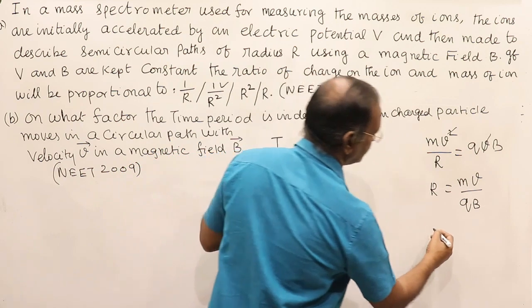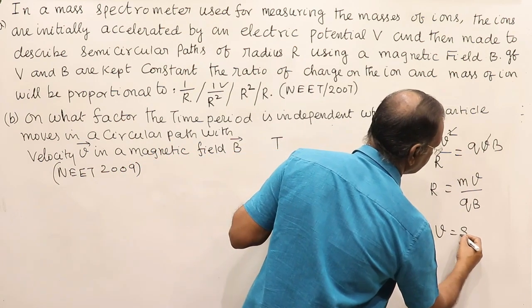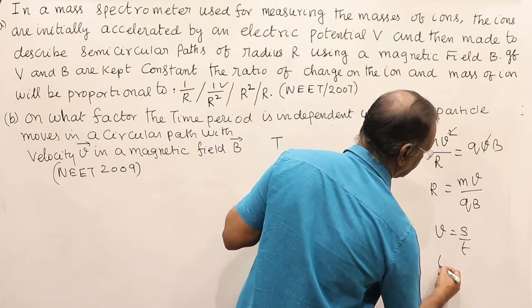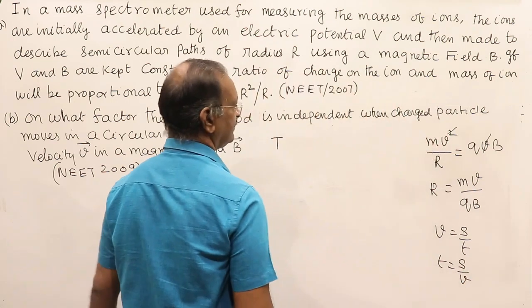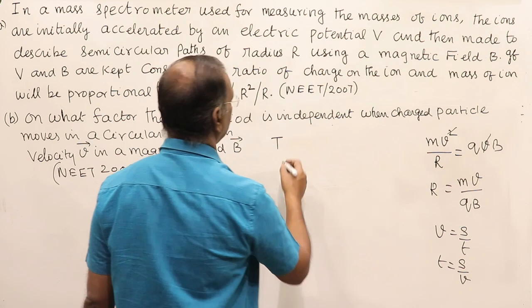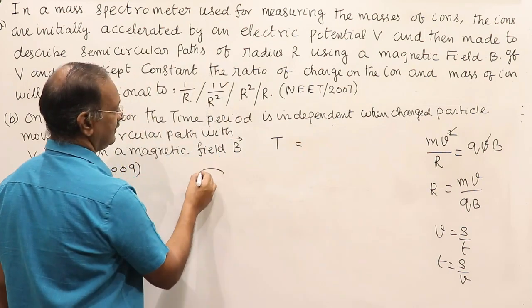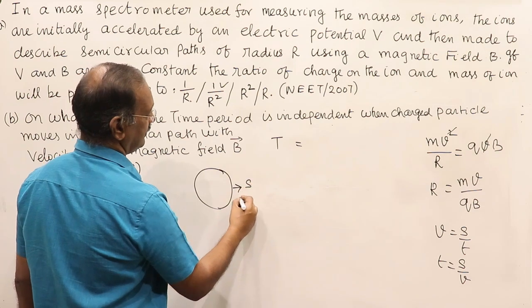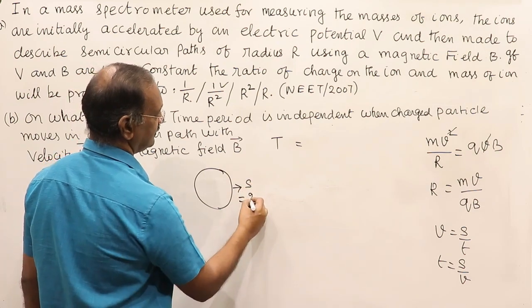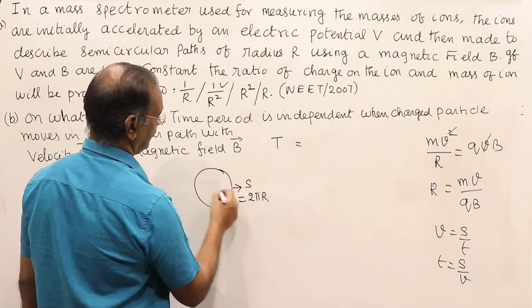Now the time period. Since velocity is equal to displacement by time, time is equal to displacement by velocity. When a particle is undergoing a circular path, its displacement is equal to the circumference, which is 2 pi into r.